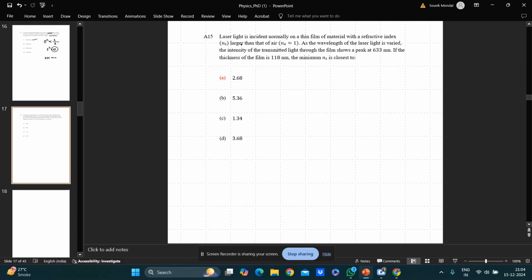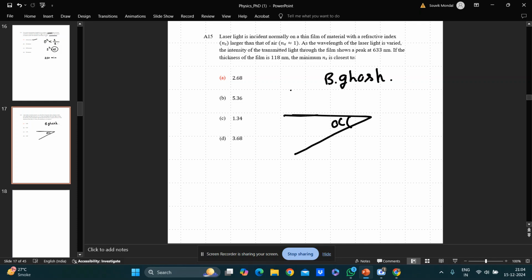Now for this problem I will give a detailed explanation. If you read the book Optics by Ajoy Ghatak, there is a concept of a wedge shaped film. Suppose there is a wedge shaped film of angle alpha.